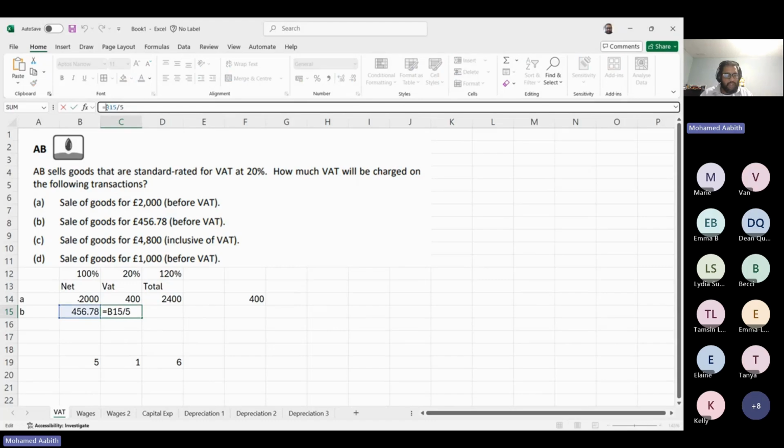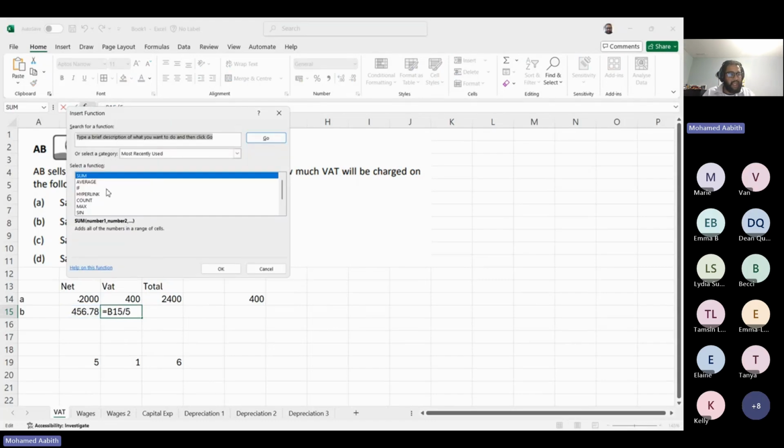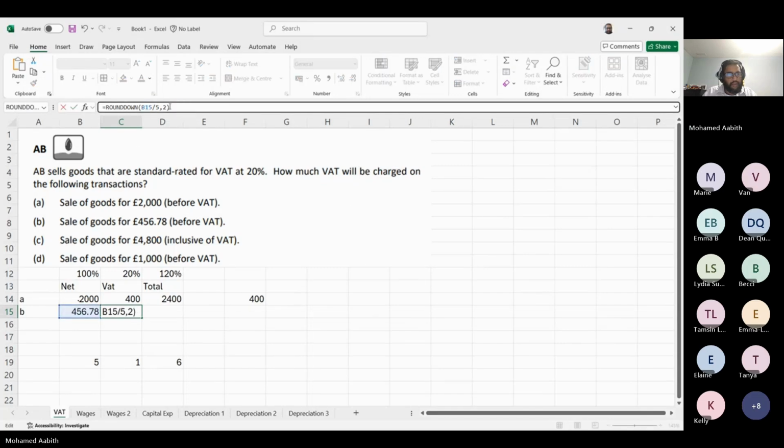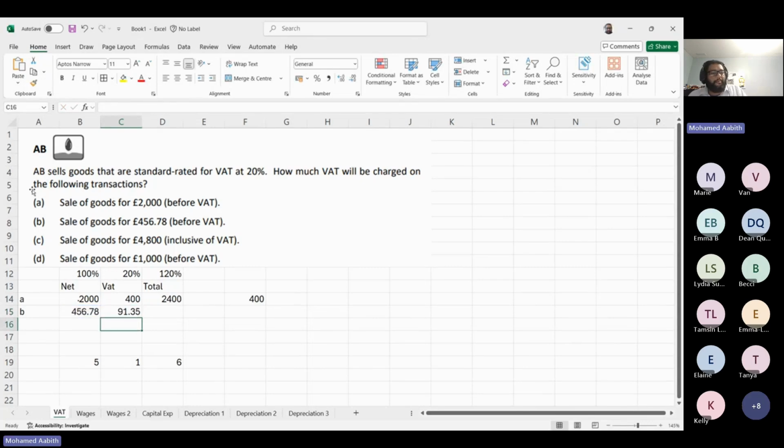Here, I'm going to use the round down option, that number divide by 5, and we're going to do that to 2 decimals. Press OK. £91 and 35 pence. So we divide that number by 5 and we get that figure.